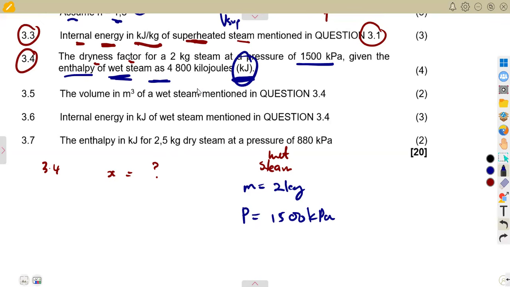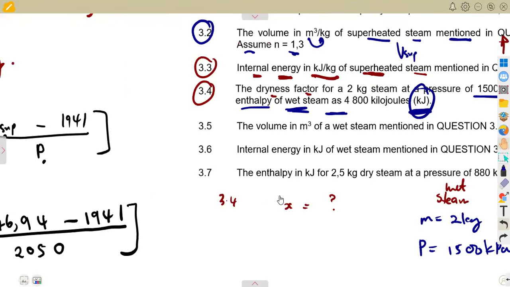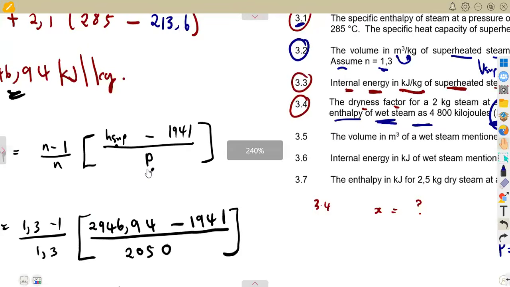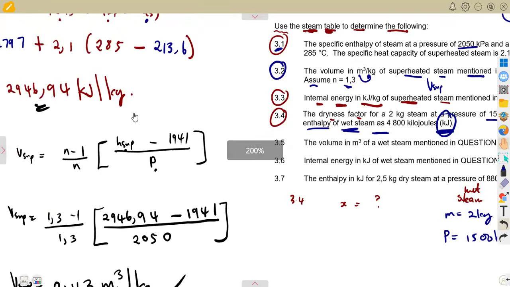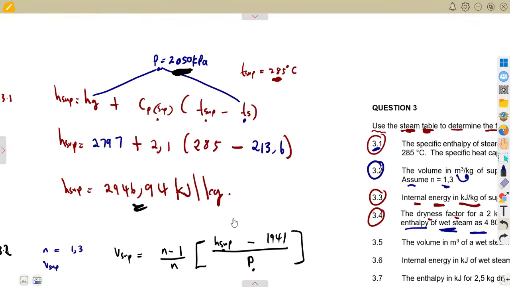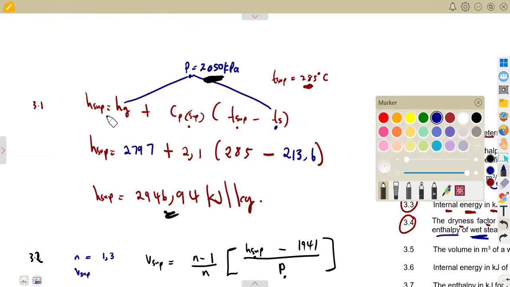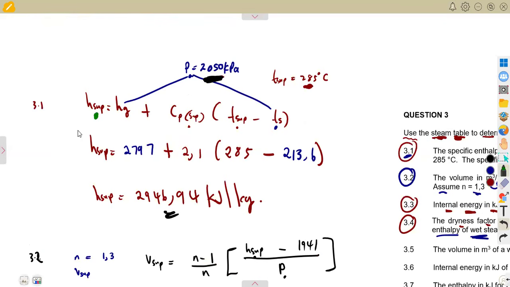No. Guys, let's be careful. You see, in power machines, if you just get a mix of units there, it affects us because it's all about the units. Let us go back here. We calculated H soup there. It was the specific enthalpy of the superheated steam.